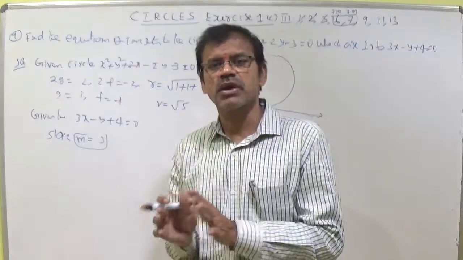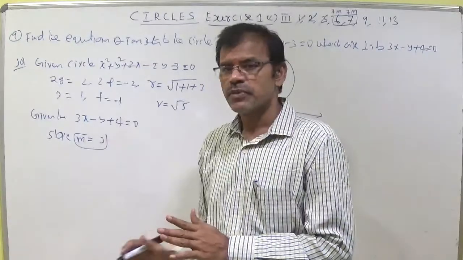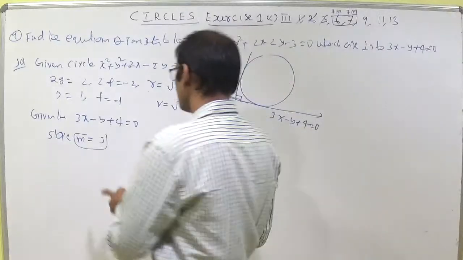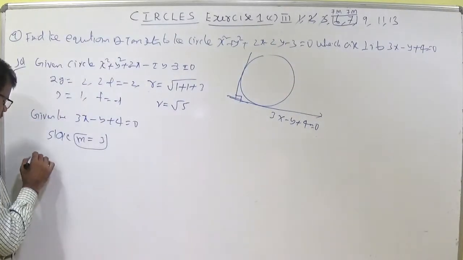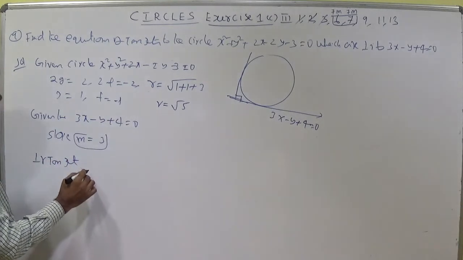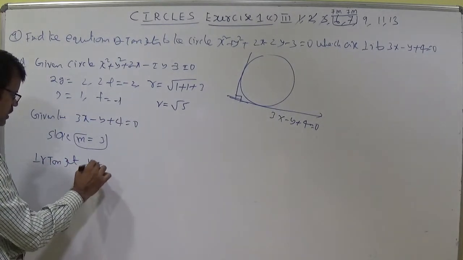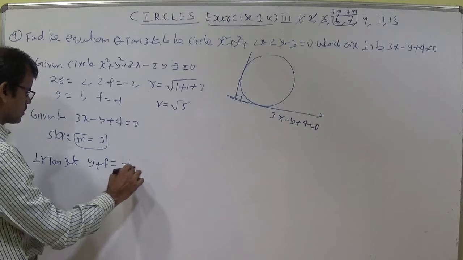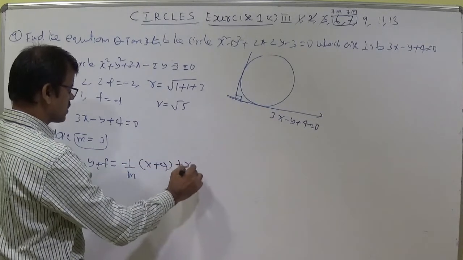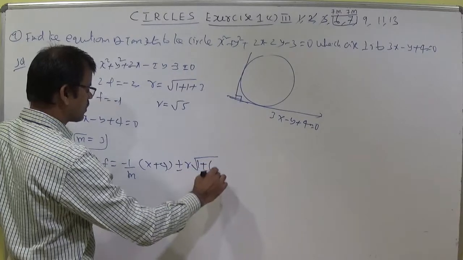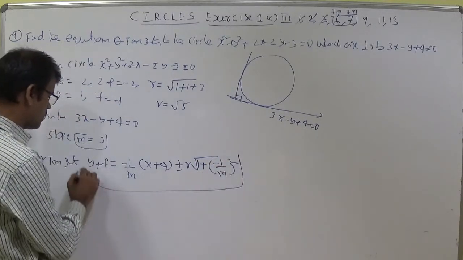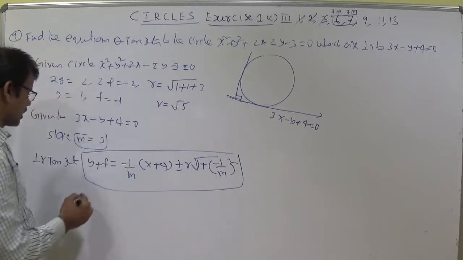Whenever he is asking for a parallel tangent, simply write the same slope. Now the perpendicular tangent formula: y plus f is equal to minus 1 by m into x plus g plus or minus r root 1 plus minus 1 by m whole square. This is the formula. Write this formula and you can get the answer.